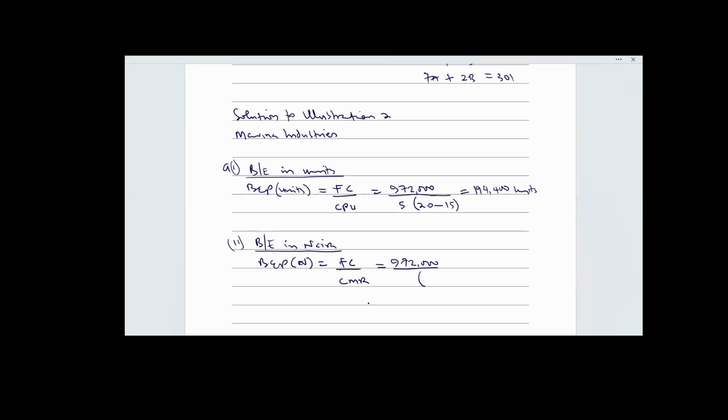The contribution margin ratio is calculated as contribution per unit divided by selling price per unit, which is equal to 5 naira contribution over selling price of 20 naira, which is equal to 0.25, or 25%. Let me rewrite that. Therefore, here will be 0.25.